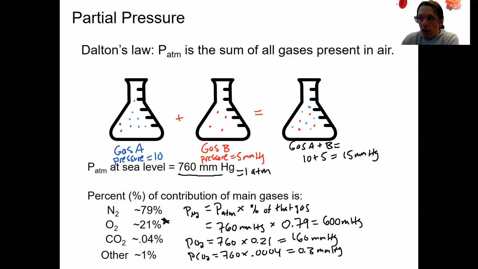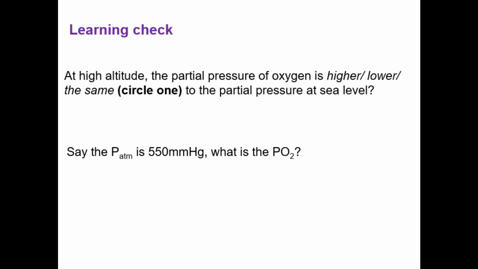You don't need to memorize all of these numbers, but you are going to want to know this one because we're going to be looking closely at the partial pressure of oxygen throughout circulation in the alveoli. So this will be a nice reference to have.